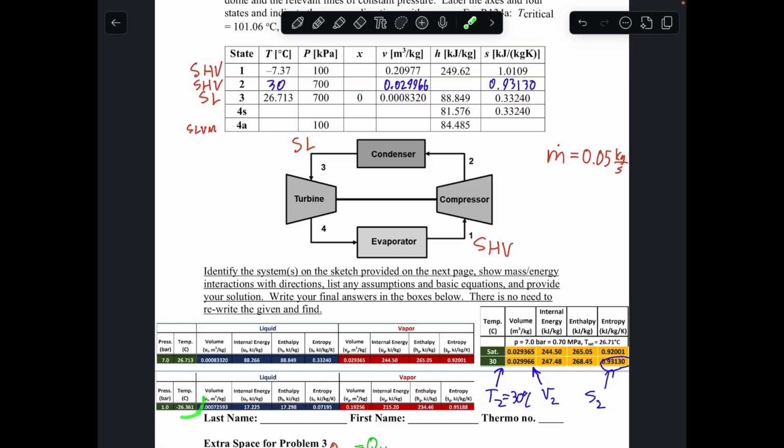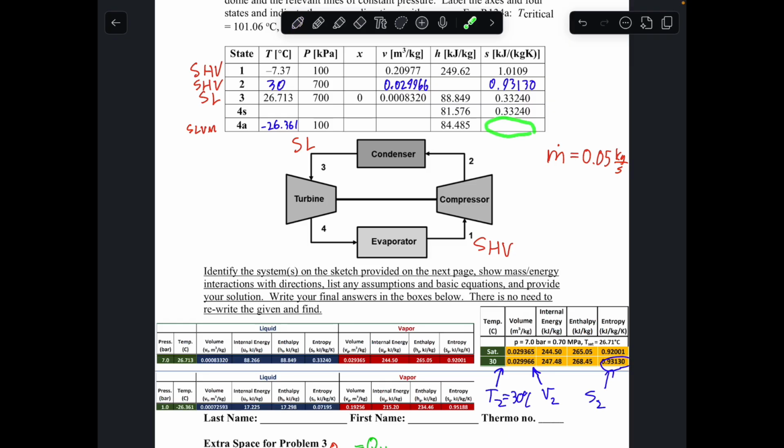We can see that right here in the table. For all of these quantities, it doesn't matter where we are relative to liquid and vapor, all of them will have the same pressure and temperature of 1 bar and negative 26.361. So I'll write that temperature in, negative 26.361 Celsius.